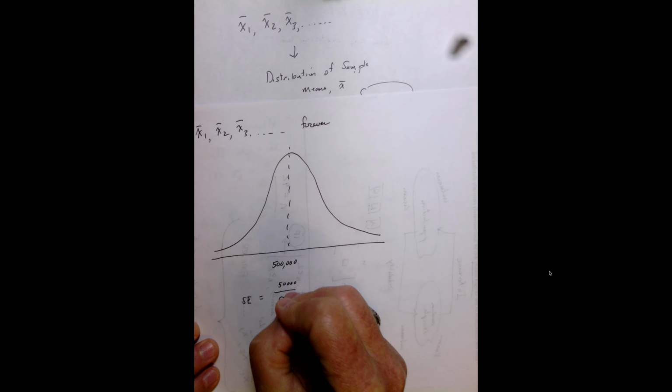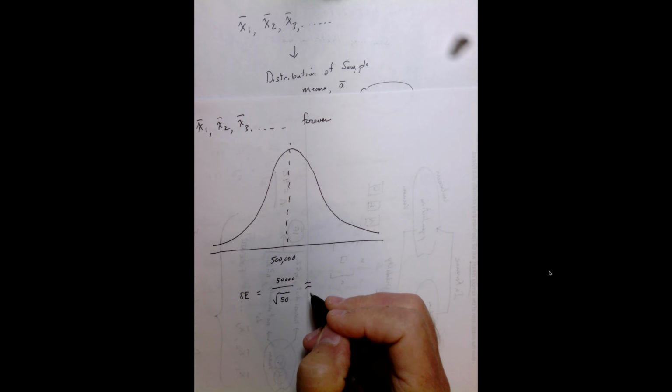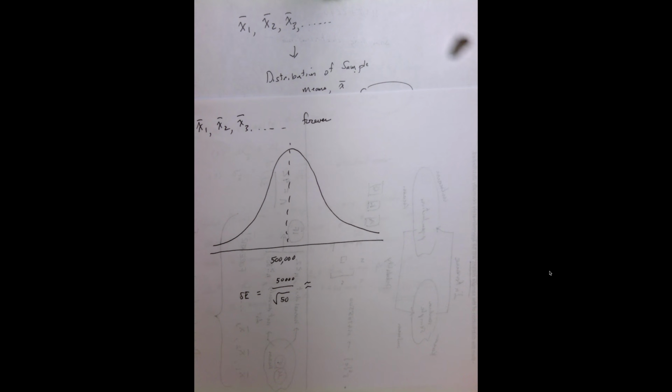What did I say, 50? A lot of fives there, right? So whatever this turns out to be, we can put it in our calculator easily. As long as I didn't miss anything, it's approximately 7071.